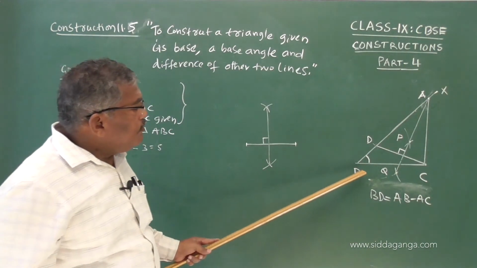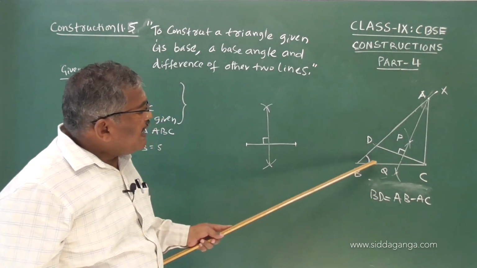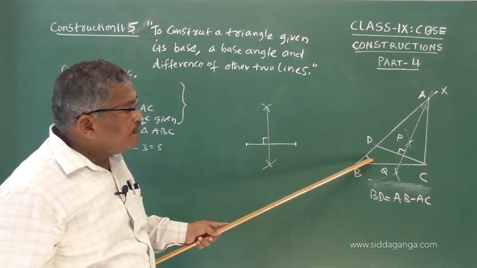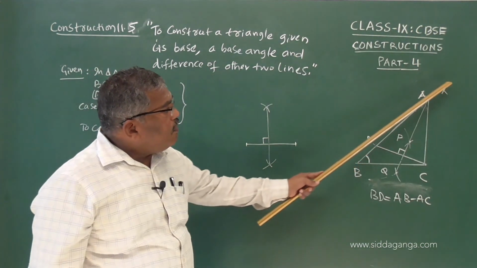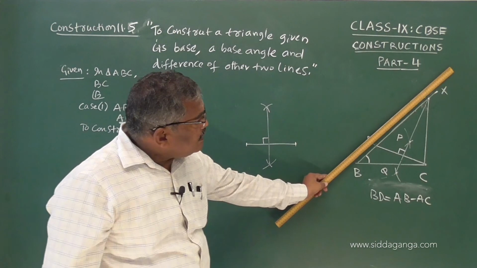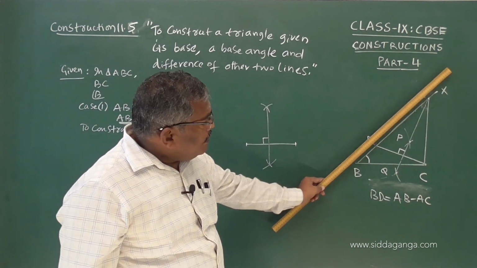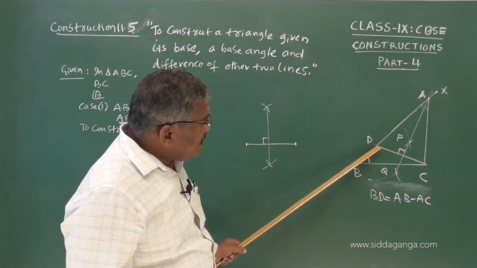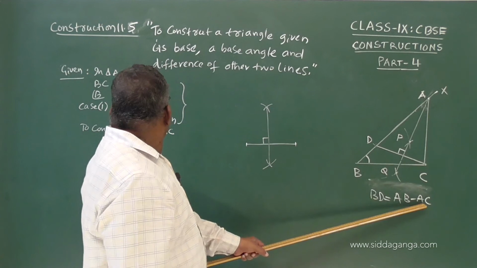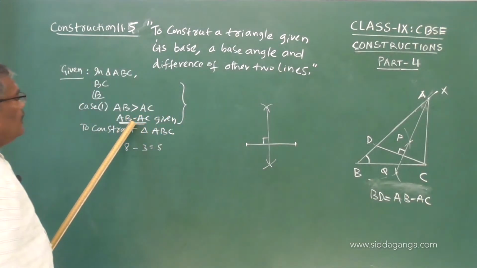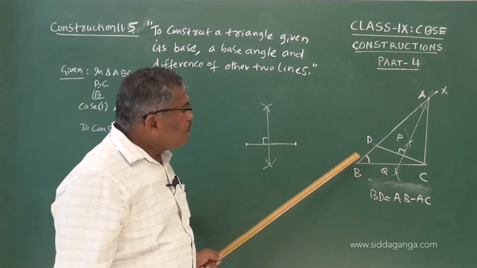First, we draw BC as the required length. We construct angle B as given. So through that angle we draw the ray BX. So along BX you cut point D such that BD is equal to AB minus AC. AB minus AC was given in the problem, so AB minus AC is equal to BD.